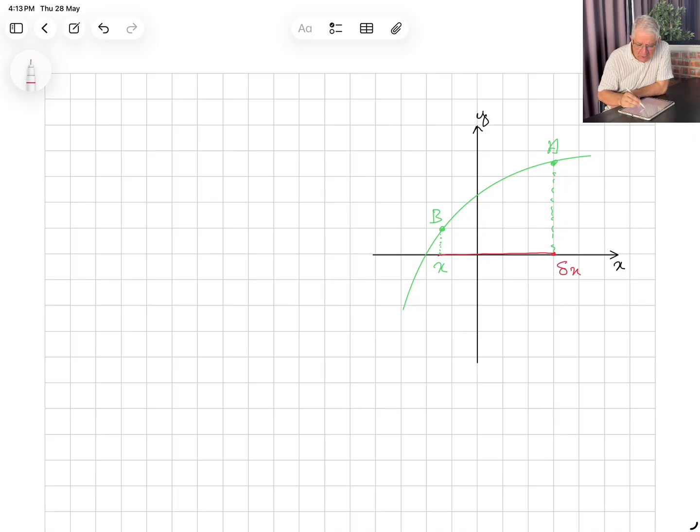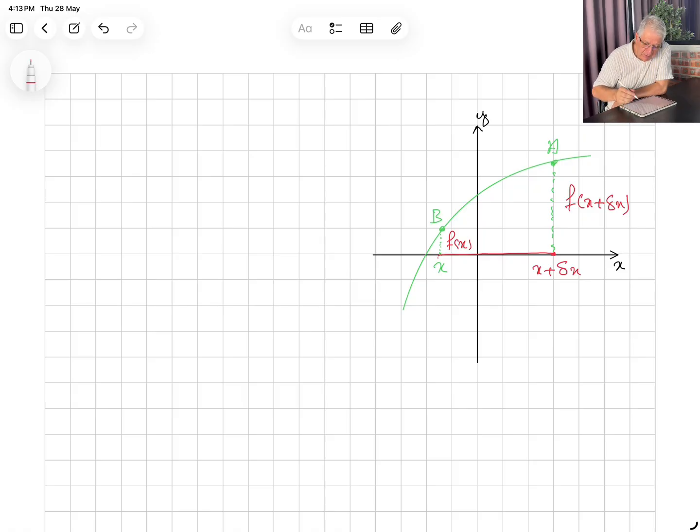Where x was here, I change it to this place. Therefore, this will be x plus delta x. The y coordinate of the point A will be f of x plus delta x, and the y coordinate of the point B will be f of x.